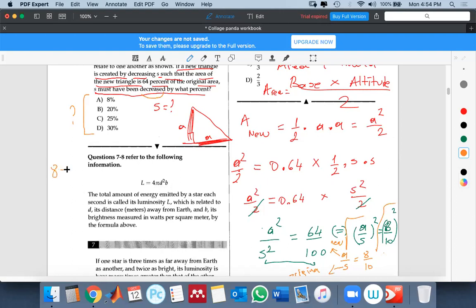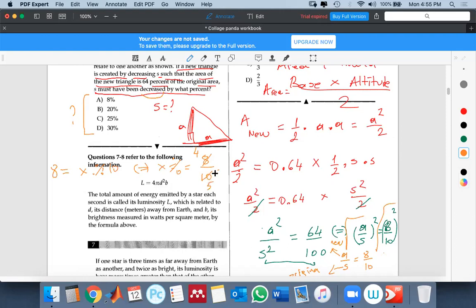I can say 8 equals x percent times 10. So x percent is equal to 8 over 10. Can I say this? After that, division by 2 gives 4, division by 2 gives 5.